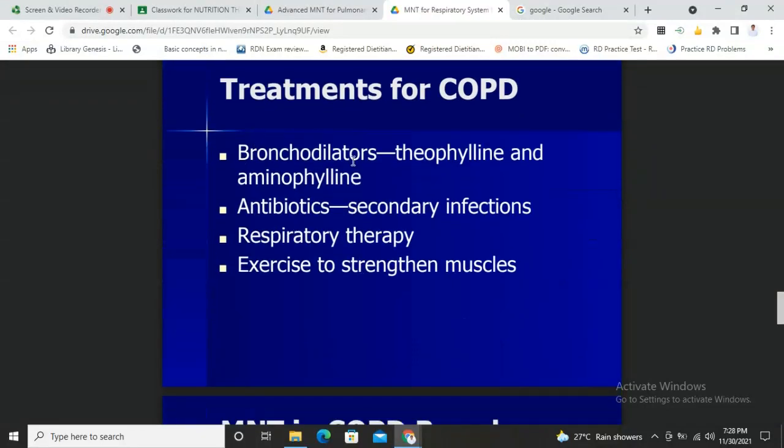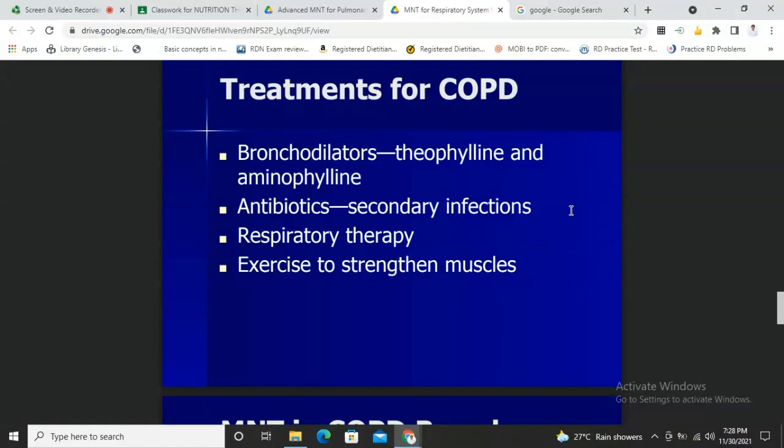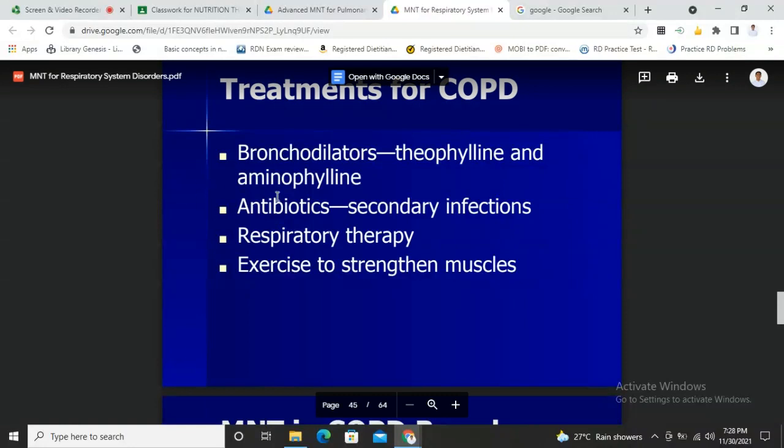As for the drugs used, like bronchodilators, theophylline and aminophylline, see if there are interactions with nutrients that need to be addressed. Antibiotics, if there are infections like TB or pneumonia. Respiratory therapy and exercise to strengthen muscles.